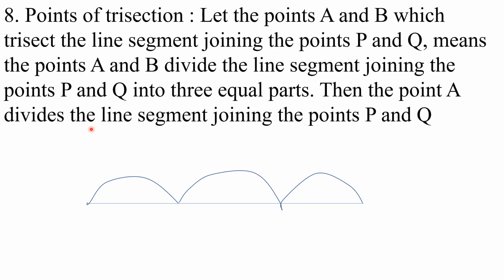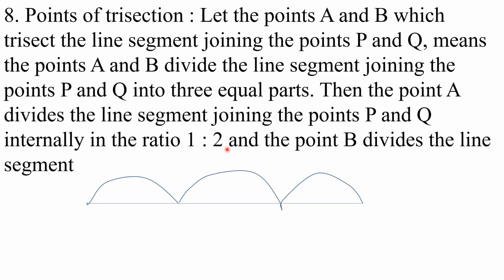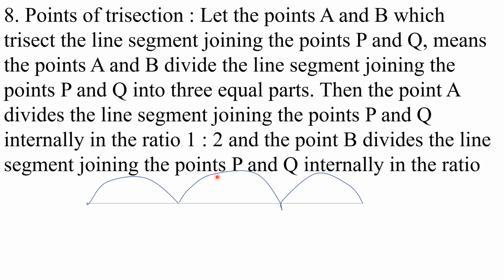Then the point A divides the line segment joining the points P and Q internally in the ratio 1 is to 2, and the point B divides the line segment joining the points P and Q internally in the ratio 2 is to 1. Okay, my dear children. This is about points of trisection. I think you have already studied. You know well these points of trisection. Okay, my children. Right.